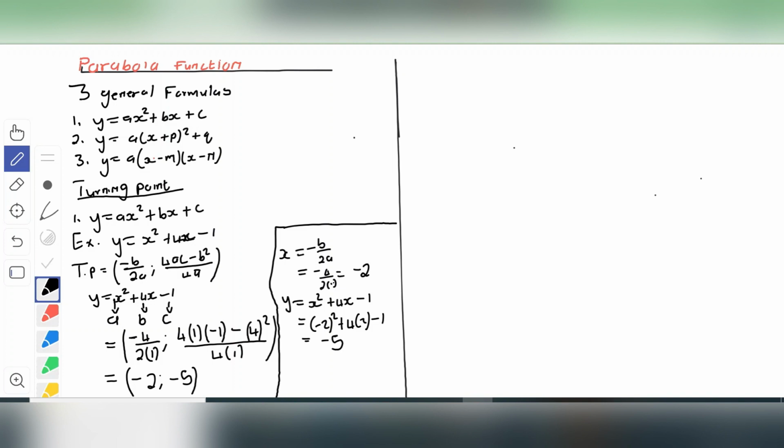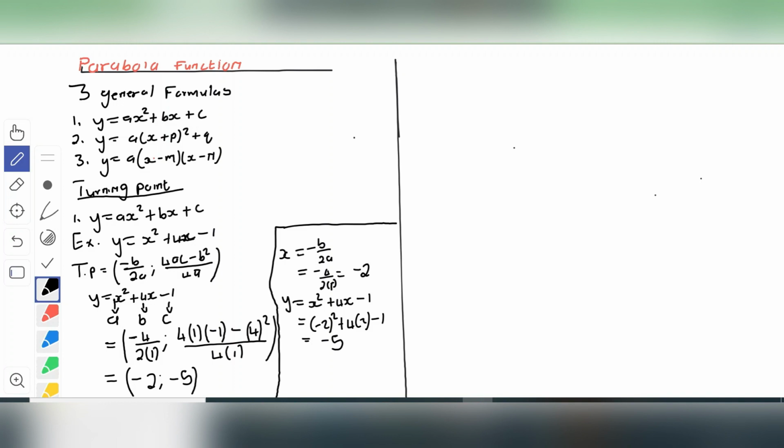So you choose which one you want to use. Whether you want to use 4ac minus b squared all over 4a. If you did forget about this formula, guys, use this second method, whereby you find your x value, the x coordinate of the turning point. We found that our x coordinate of the turning point is negative 2, right?